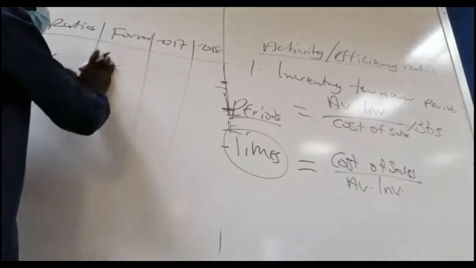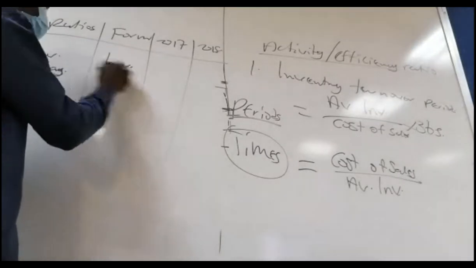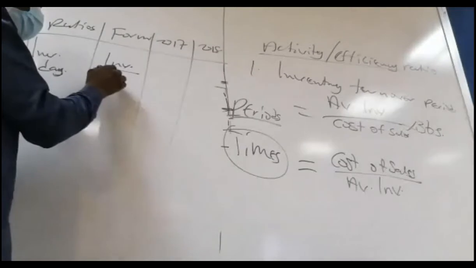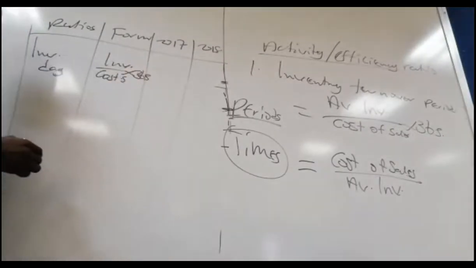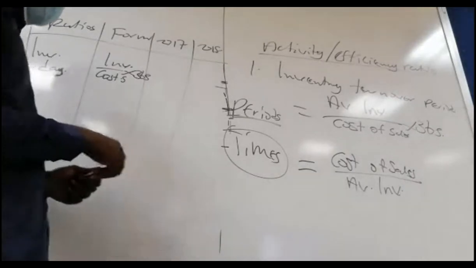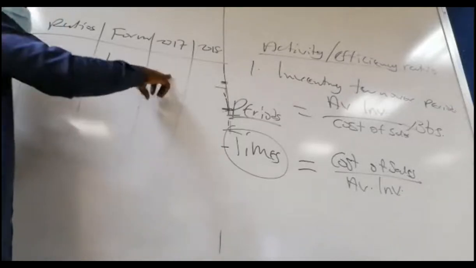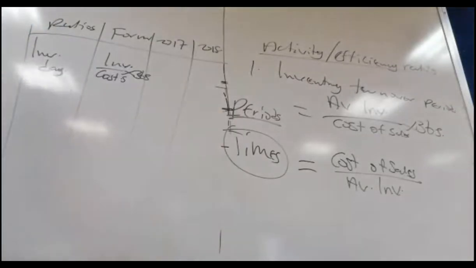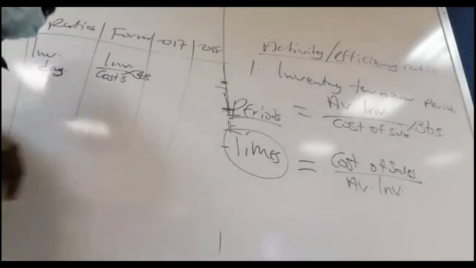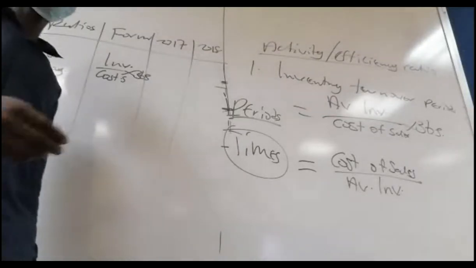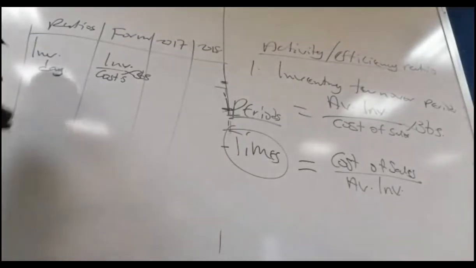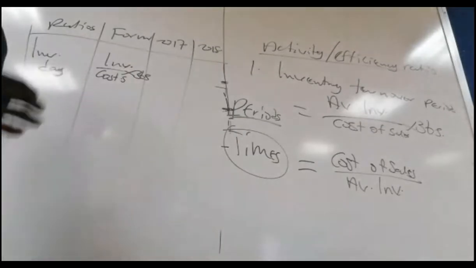I tell the examiner that it is inventory over cost of sales times 365. Are we using that in this case? Yes, Akwesi Papa Limited, because for 2017, I cannot get the open inventory. Even if they give us 2016, we can't get open inventory for 2016 too, in that order.